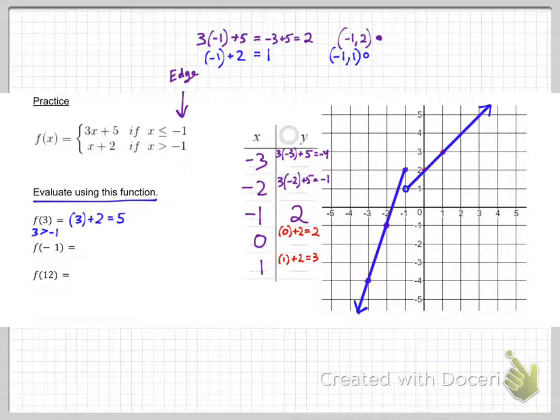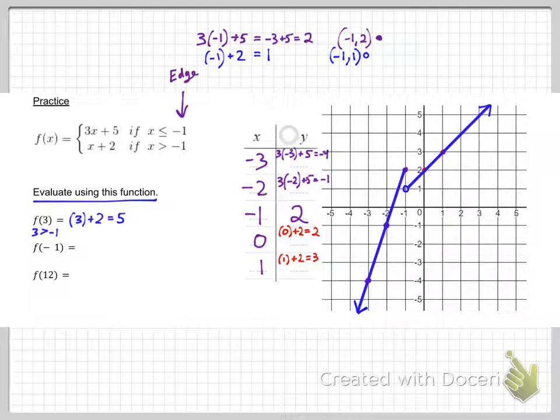And if you notice over here, the point (3, 5) is right there on the function. So you can evaluate it using either the function notation or the graph or even the table, if that was a point on our table.